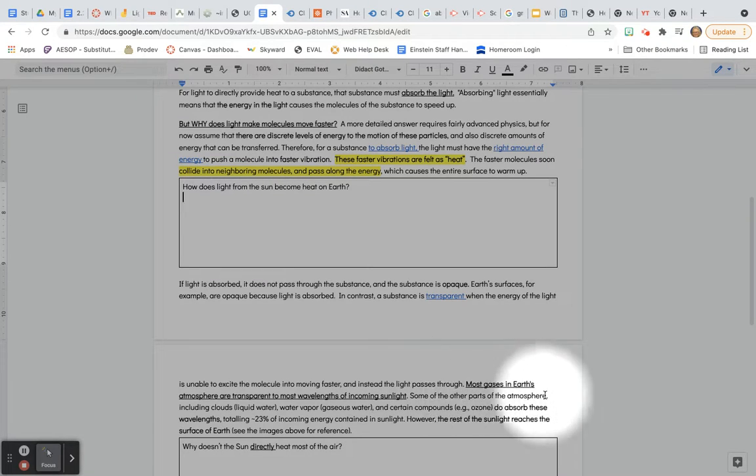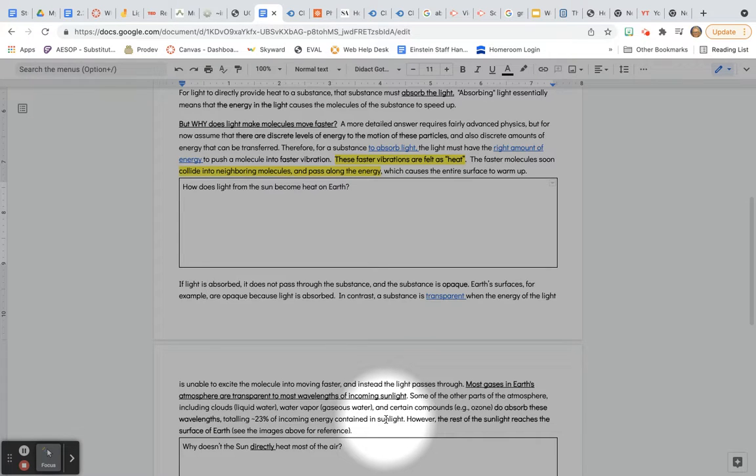Some of the other parts of the atmosphere, including clouds, which are liquid water, and water vapor or gaseous water. This means water that is a gas. We can sometimes call that steam. And certain compounds, for example, ozone, do absorb these wavelengths, totaling about 23% of incoming energy contained in sunlight.